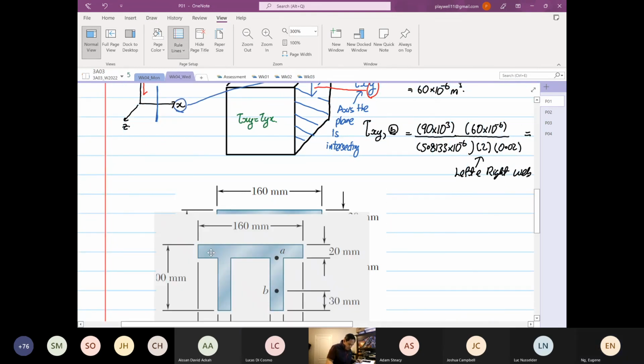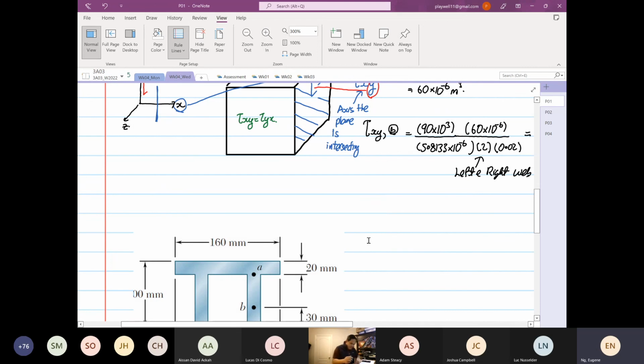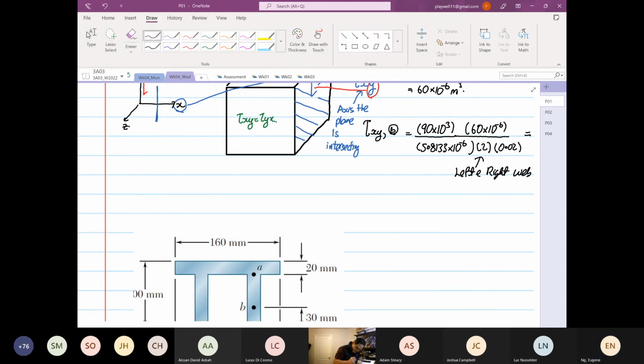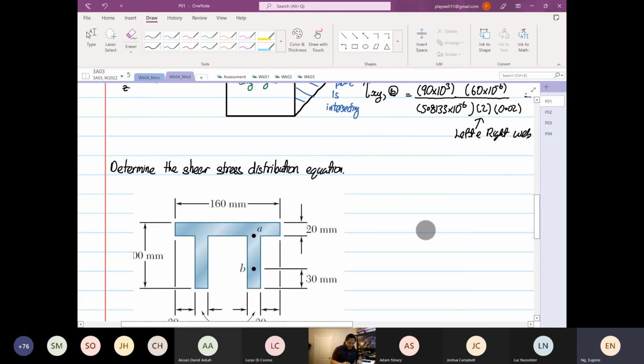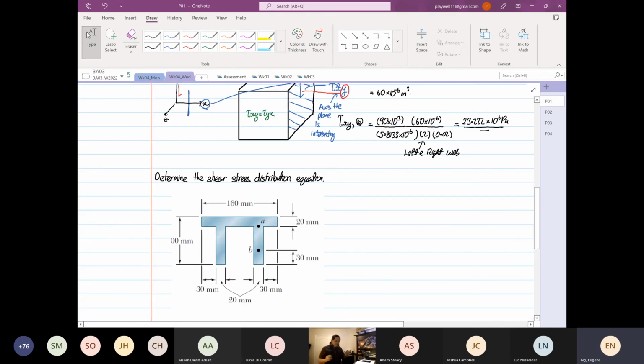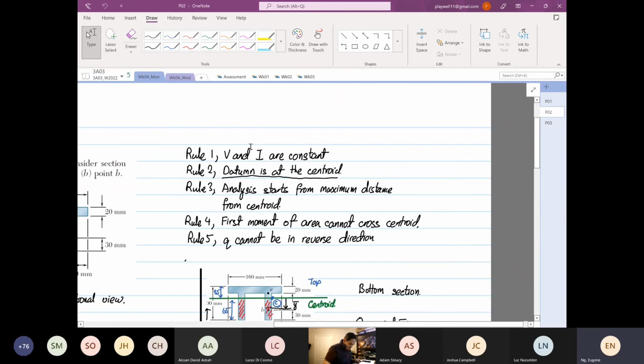Next, we want to determine the shear stress equation, and we are going to apply the 5 rules when forming this equation. So I'm going to go and get the 5 rules.